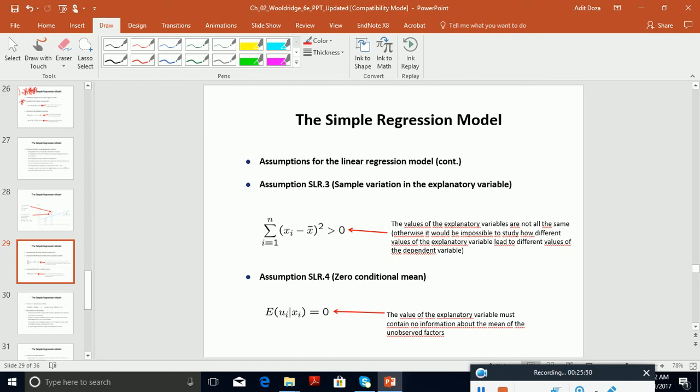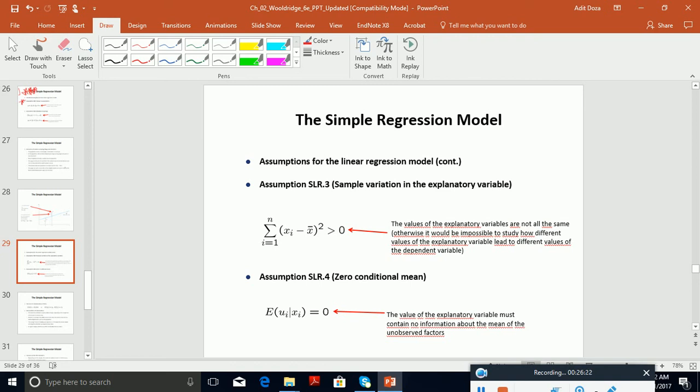If you find a data set where all your independent variables are similar, right? Let's say you are trying to see how obesity, like weight of a person, affects their health. But if in your sample all of the guys are similar in weight, like all of them are 150 pounds, no variation in that, you cannot interpret the health outcome.